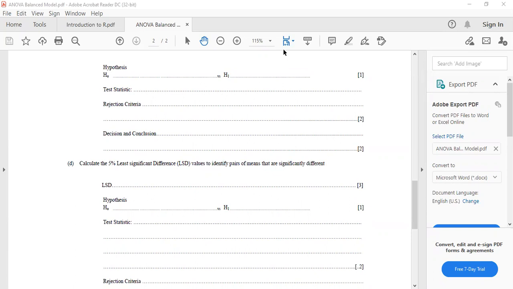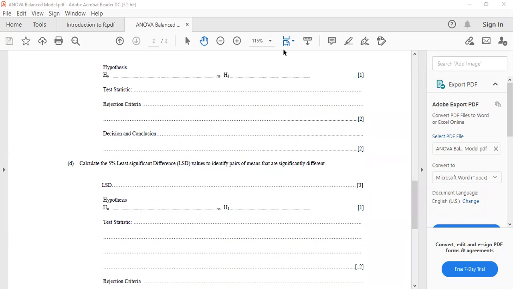So the first combination, you're saying y bar 1 dot minus y bar 2 dot, in absolute. Then the second, y bar 1 dot minus y bar 3 dot in absolute. And we're going to say y bar 2 dot minus y bar 3 dot in absolute. Make sure your answer will be in absolute value.